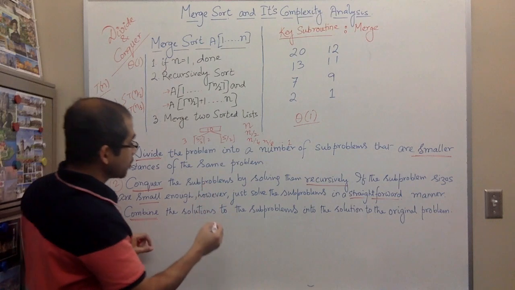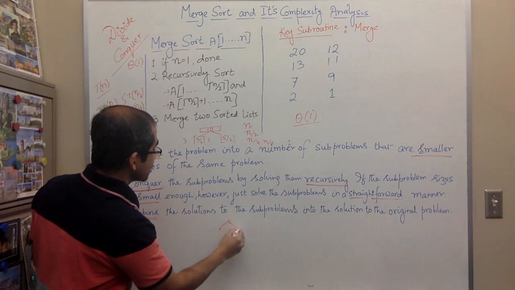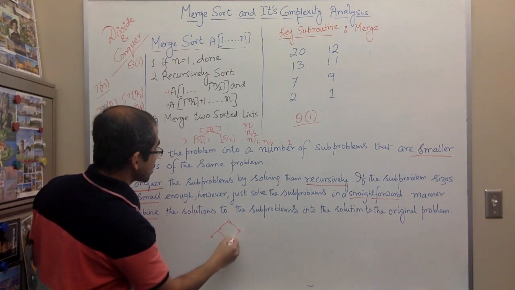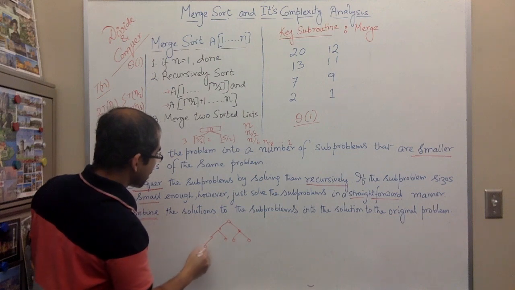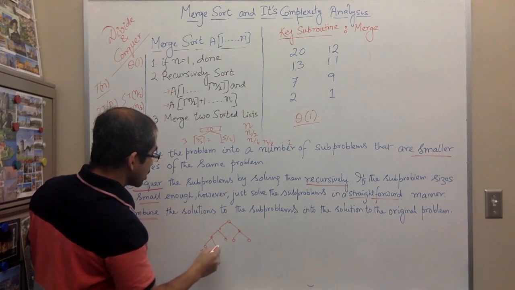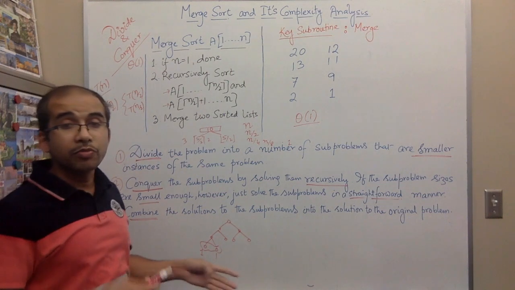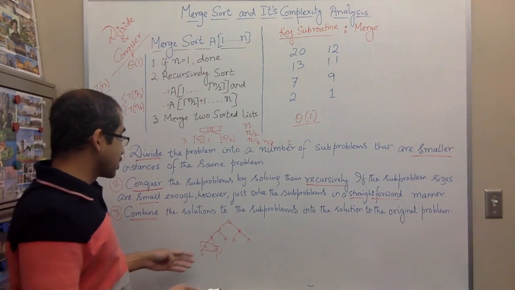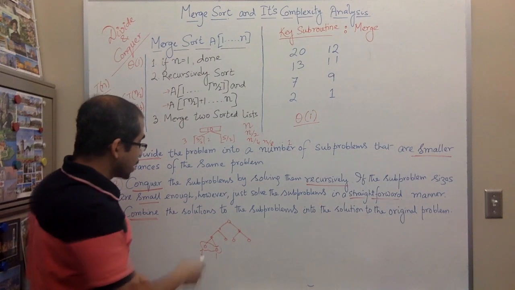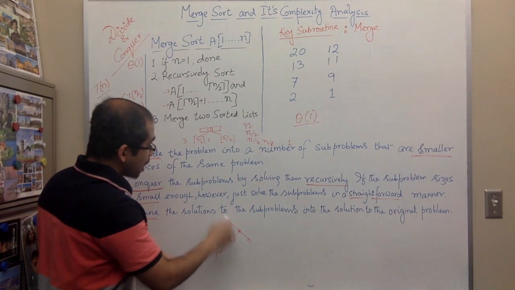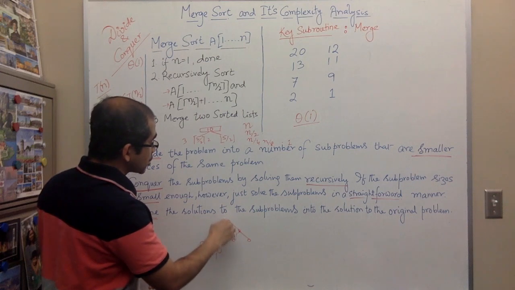So initially, we divide a problem into smaller parts, and smaller parts, and smaller parts, until the subproblem size is 1. Suppose all of them are 1. Then we merge these two: whichever is smaller we put in the beginning, and whichever is larger we put at the end. In that way we keep merging until the whole array is merged.